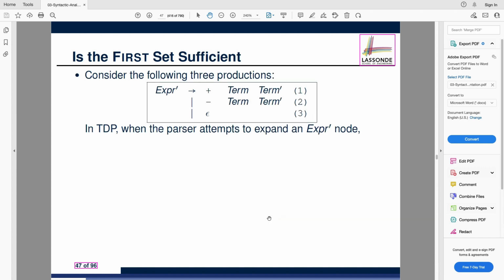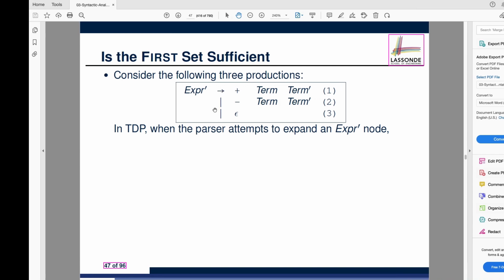Let's say we have this particular expression prime. Let's say expression prime has 3 alternatives. Either we can do plus, we can do minus, or we can do epsilon. All right? And we know pretty well from before the first of this particular alternative.